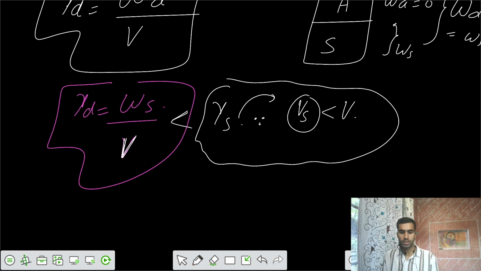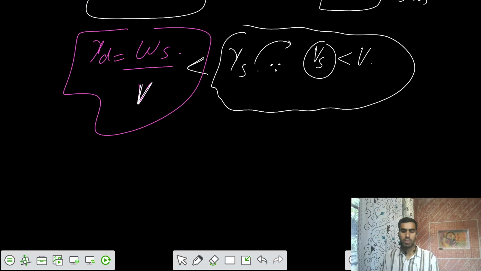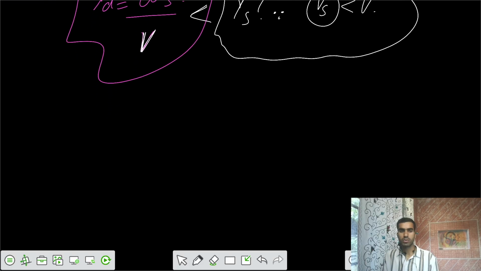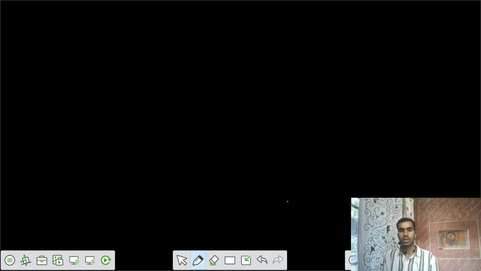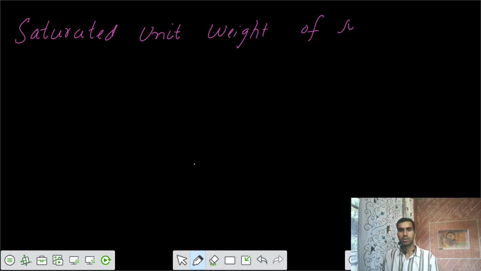Okay. After that, we can have gamma saturated. That is the saturated unit weight. So one more unit weight is there, that we call saturated unit weight of soil, which we write as gamma sat.